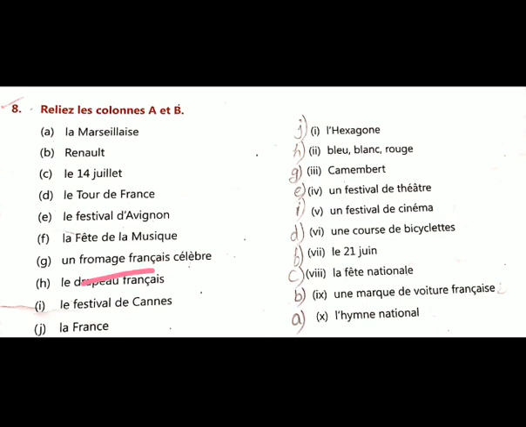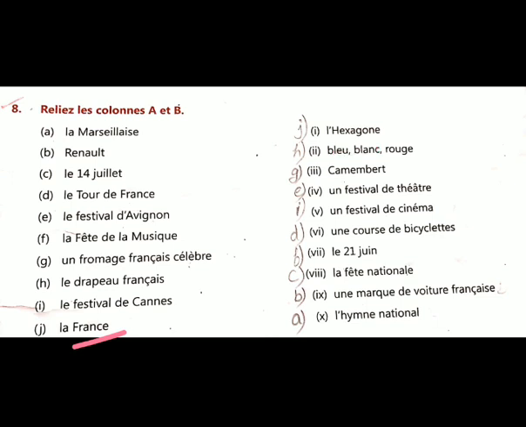Le fromage Camembert, this is the name of a cheese, fromage. Le drapeau français, the flag of France, is bleu, blanc and rouge. Le Festival de Cannes is related to the cinema. And France is the hexagon.